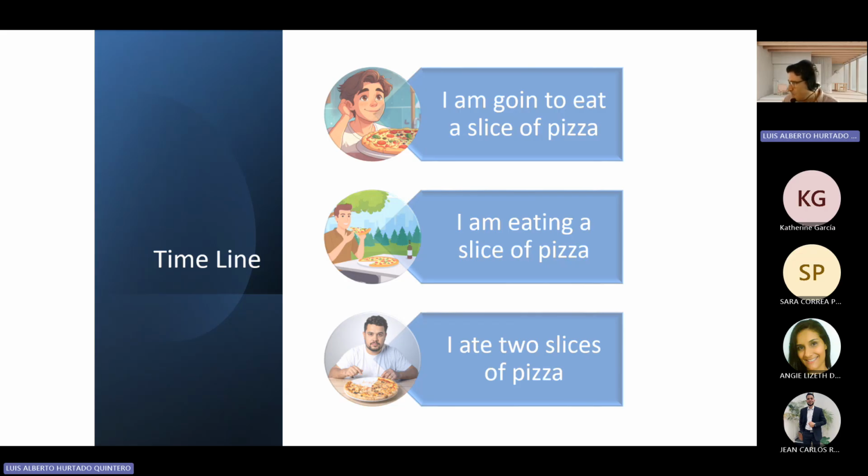First, you are seeing a boy thinking if he is going to eat pizza, and then you see a man eating pizza, and the last one would be a man that already ate 2 slices of pizza. The topic that I am going to develop today would be the third one, the past tense or simple past. Okay.